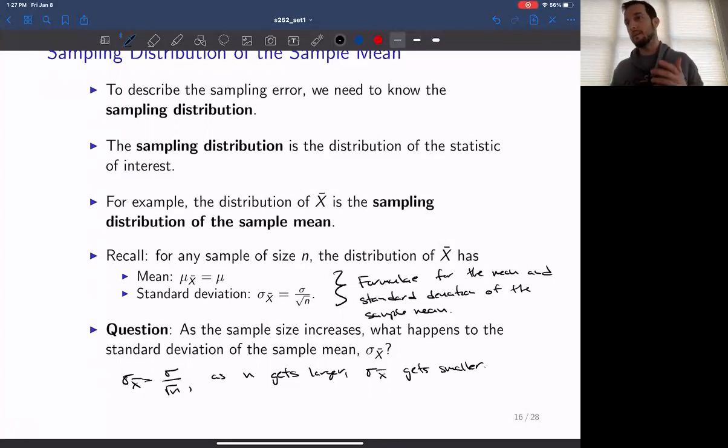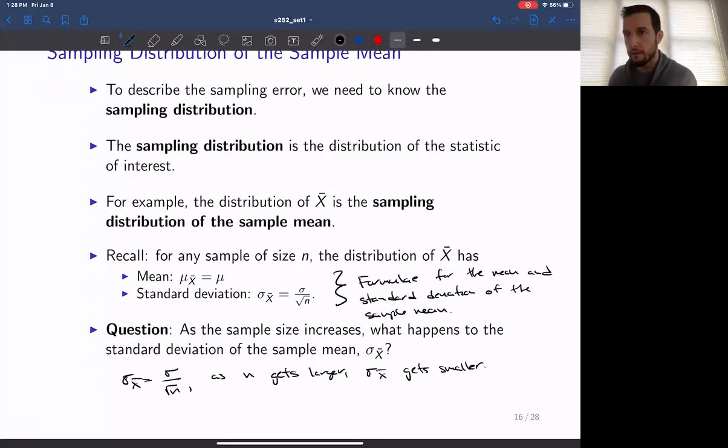Okay, so what does this mean in the context of sampling error? Well, we have established that when we conduct inference, we have a population of interest, and from that population, we take a sample. If we take a really small sample, the standard deviation of x bar is going to be very large. Now, if we take a really small sample, we would also expect the sampling error to be very large. As we continue to increase sample size, the standard deviation of x bar is going to get smaller and smaller.